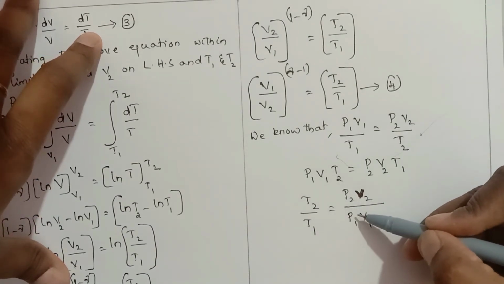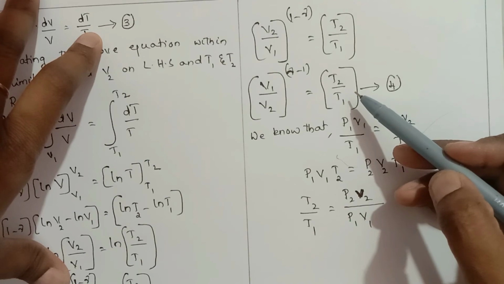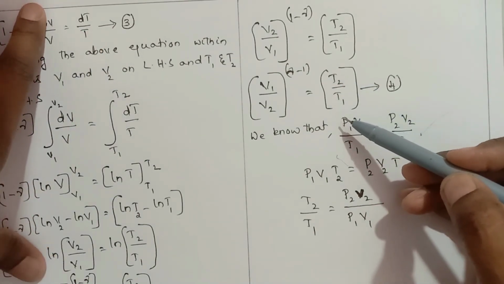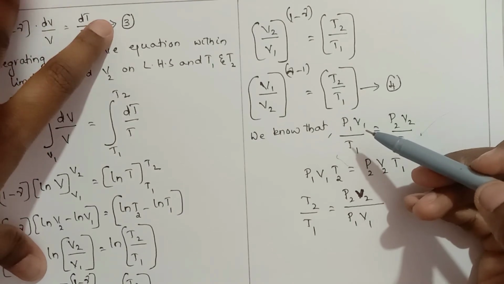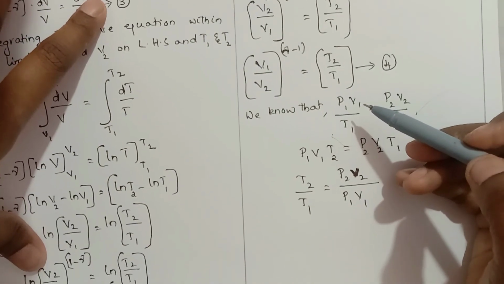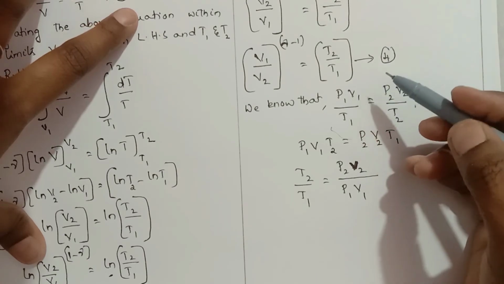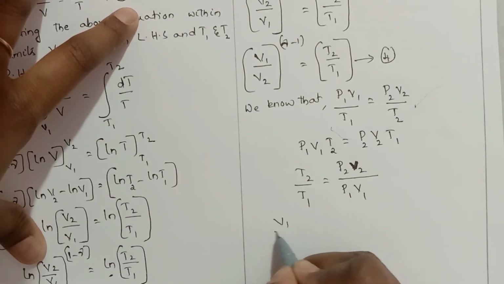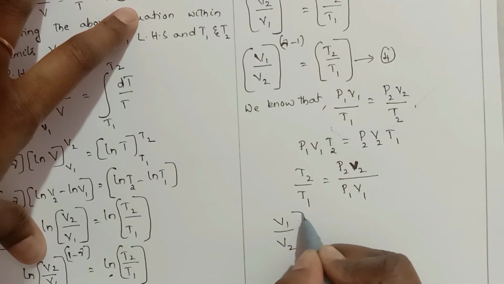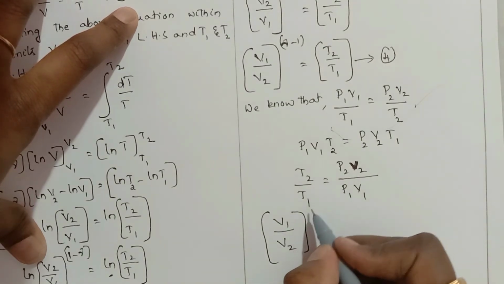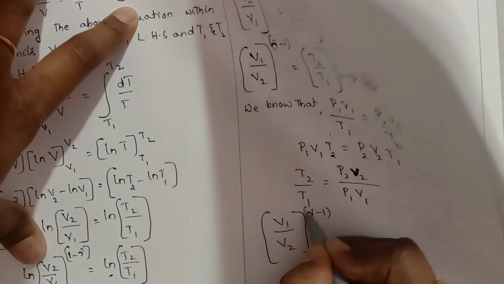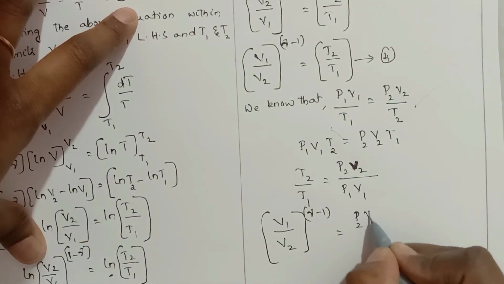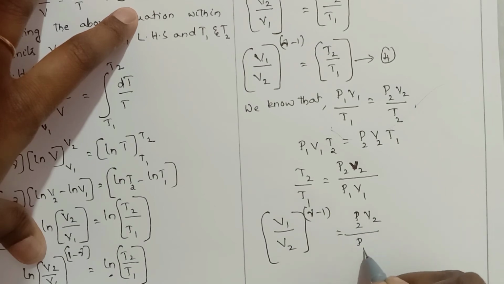This value we will substitute in equation 4 where there is T2 by T1. So the next step: V1 by V2 to the power gamma minus 1 is equal to P2 V2 by P1 V1.